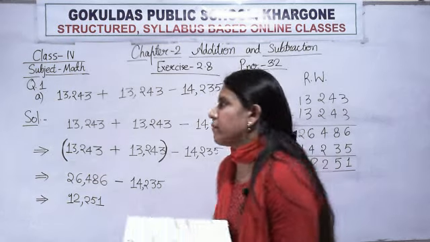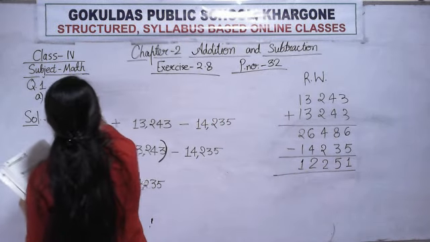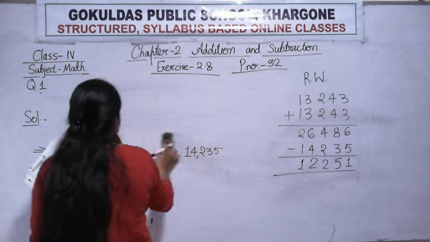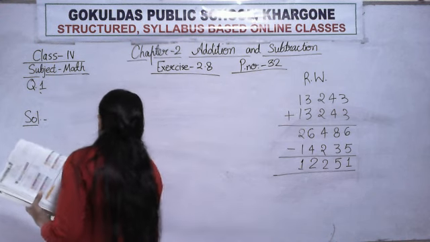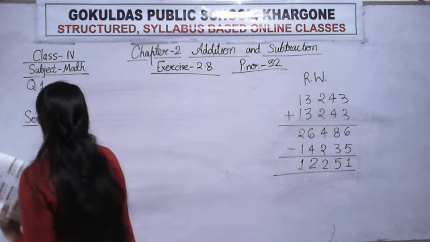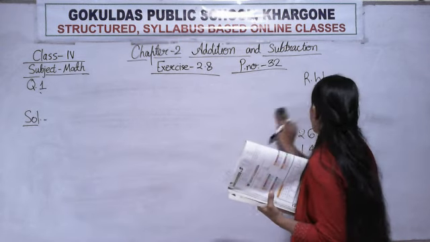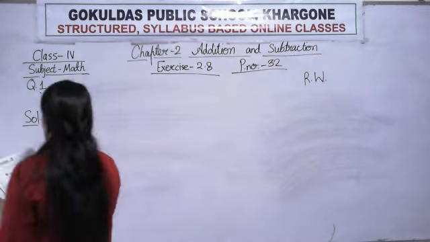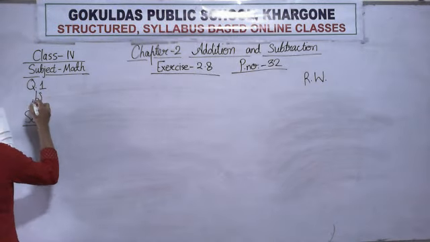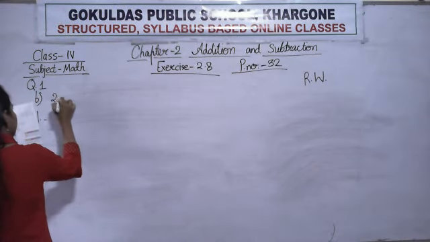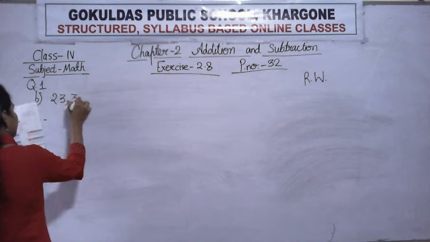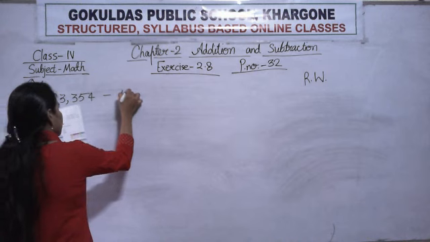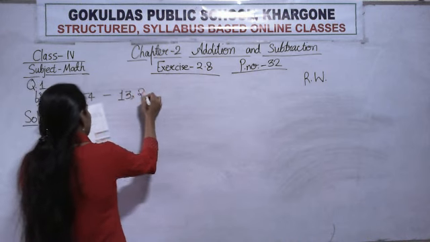Now let us do part B. Observe part B. In part B also 3 numbers are given over there.